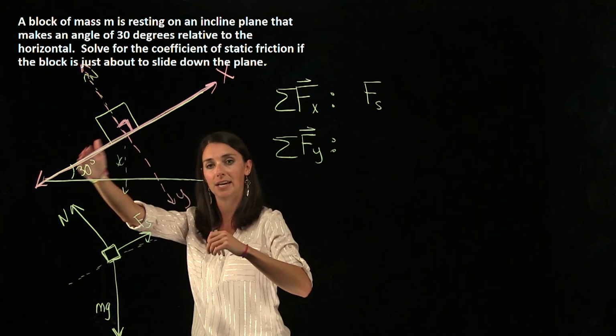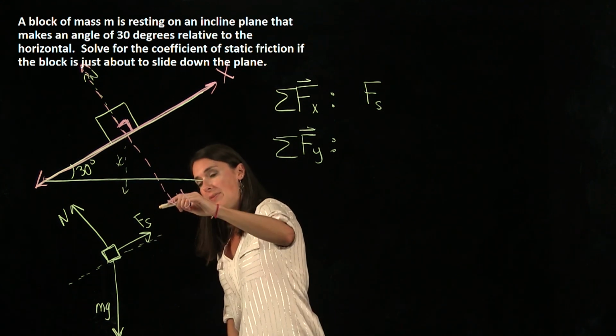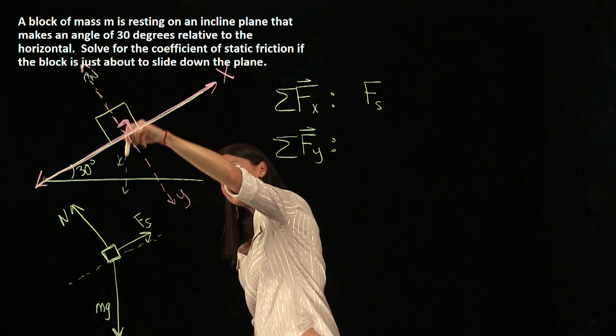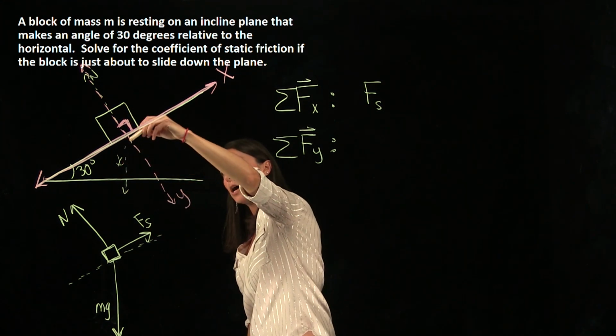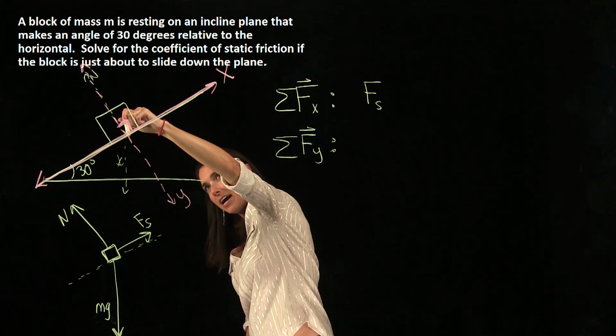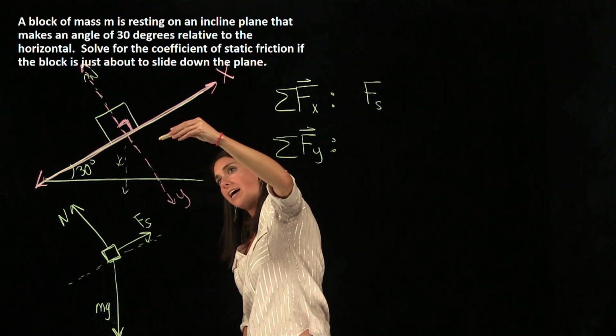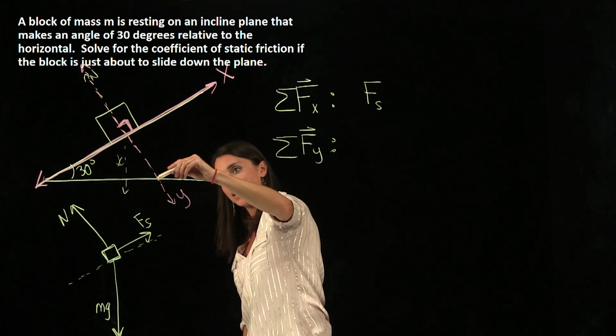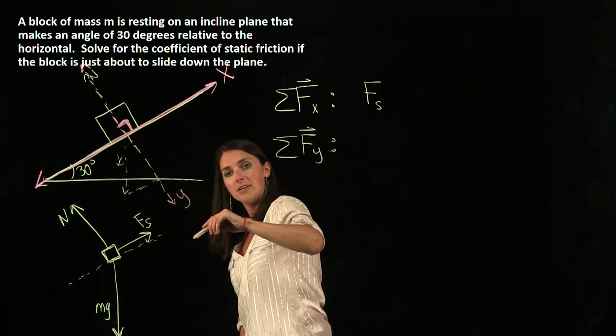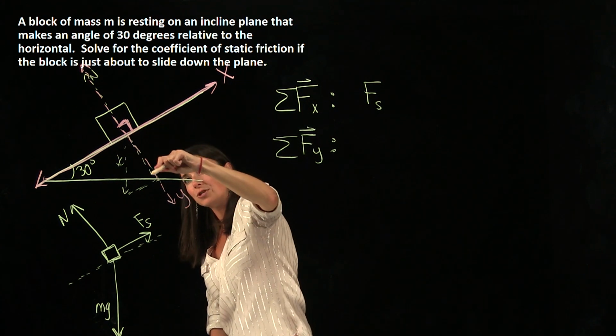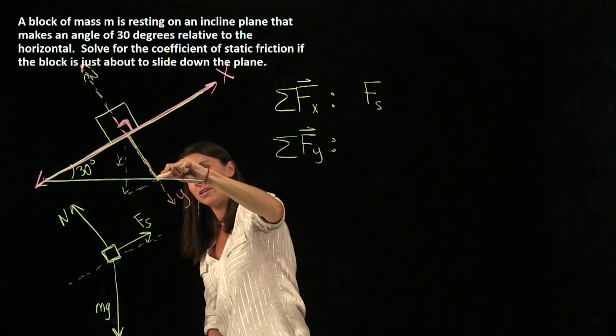Helps us put things in the x and y direction. So if I think about gravity going downward in that direction, I know that some of it has to go down straight in that y direction, but some of it also has to push down the inclined plane that way. So you end up getting this little triangle here. If I just draw a little triangle.